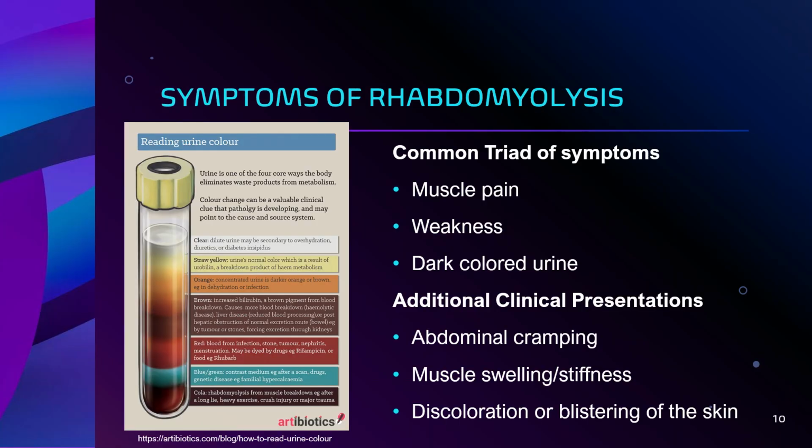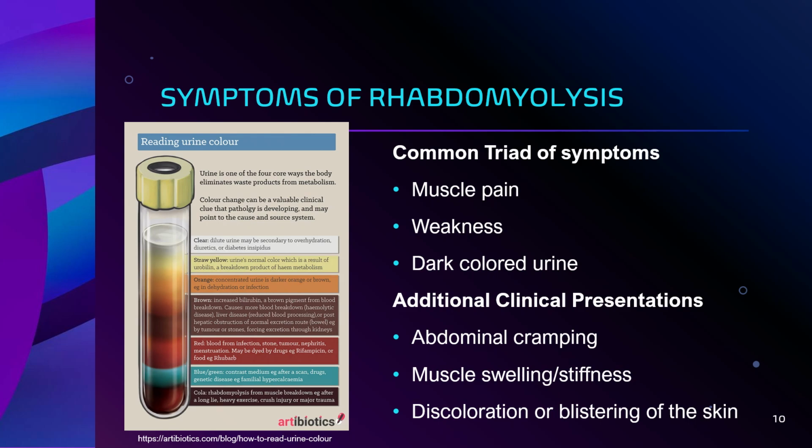Clinical presentations of rhabdomyolysis vary due to the extent and severity of muscle damage. However, the most common triad of symptoms are muscle pain, weakness, and dark-colored urine. Dark-colored urine is seen as brown, red, tea, or cola-colored. This is due to the kidneys filtering myoglobin from the blood, which spills into the urine.